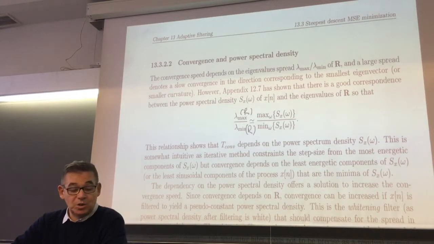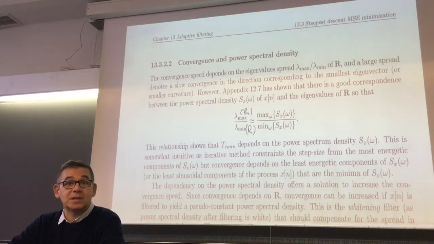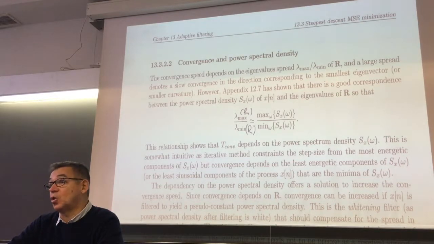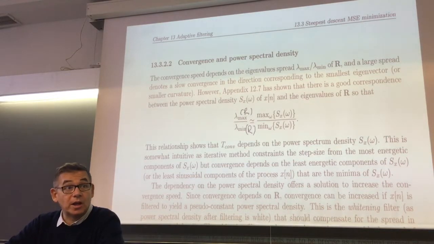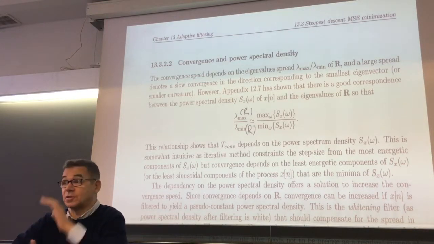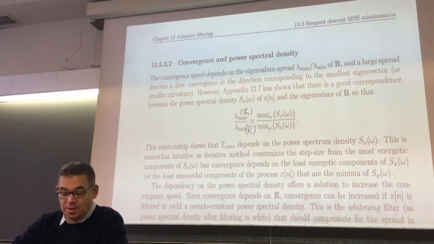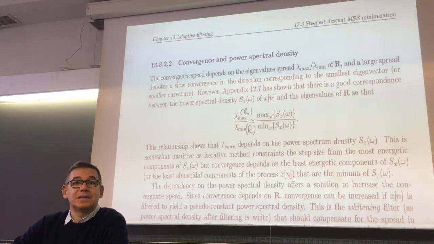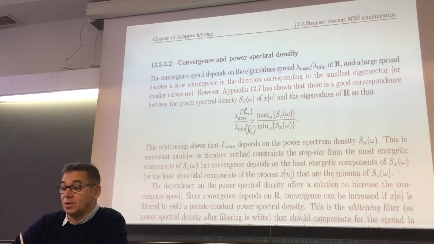Okay? But lambda max over lambda min is what the mathematician call condition number, or is what we call the eigenvalue spread, which is the ratio between lambda max and lambda min. But right now it doesn't say anything to us, except to give a name.